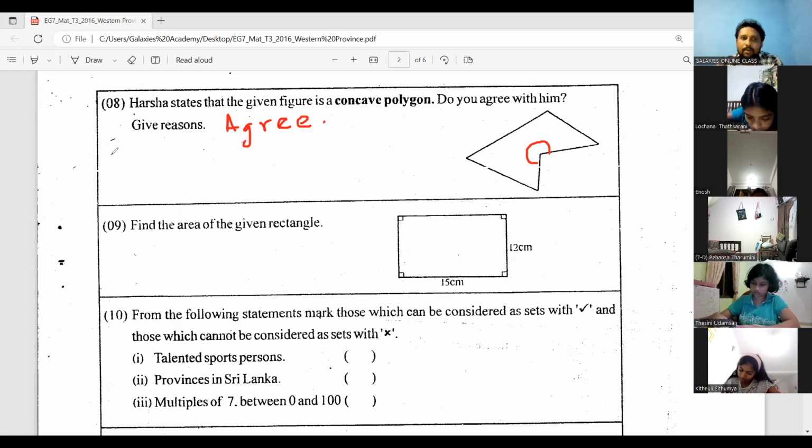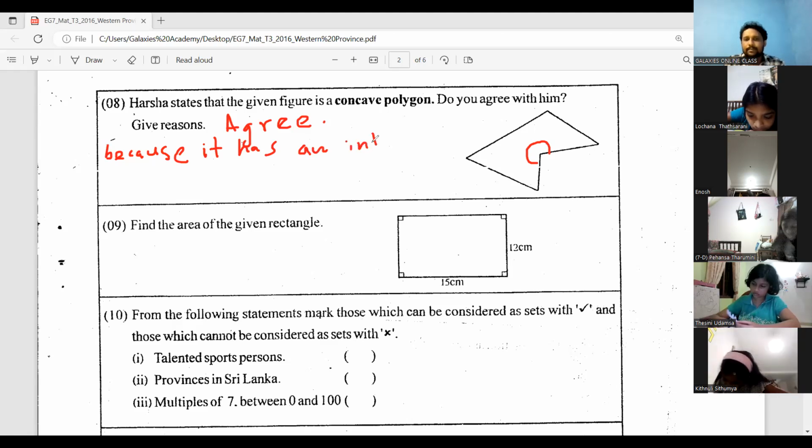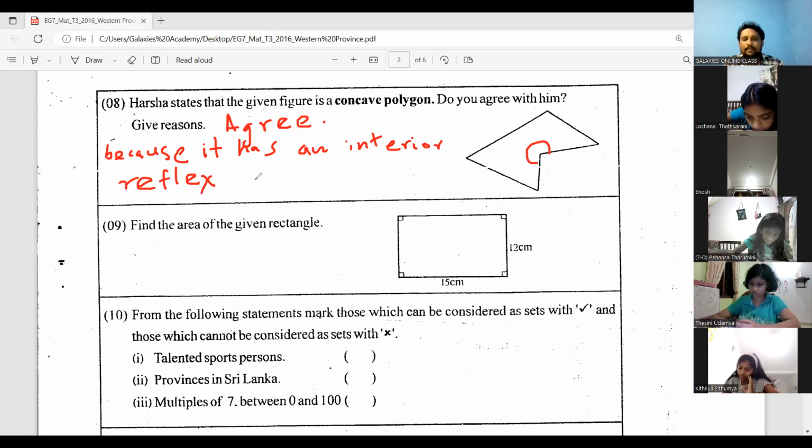The reason, because it has an interior reflex angle.